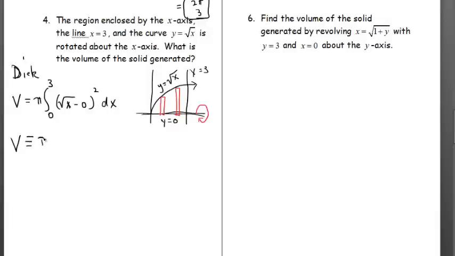This is supposed to be an equals. Square, you get x dx, easy enough. Antiderivative: x squared over 2 evaluated from 0 to 3.